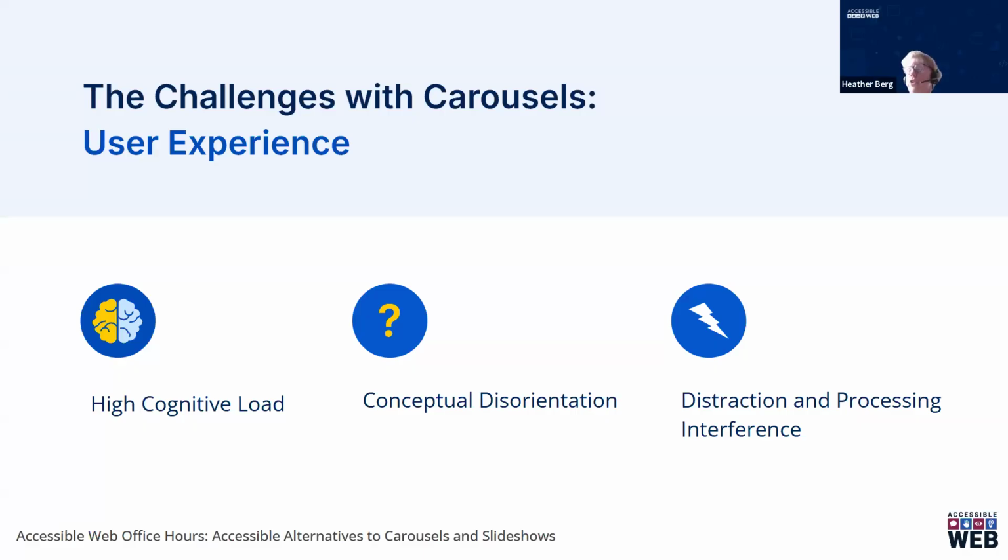Our third challenge is distraction and processing interference. Carousels can introduce constantly moving or updating content. And this can be a significant hurdle for people with ADHD or other cognitive and processing differences.